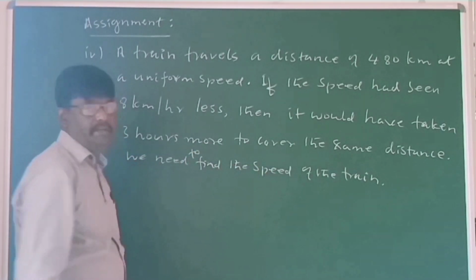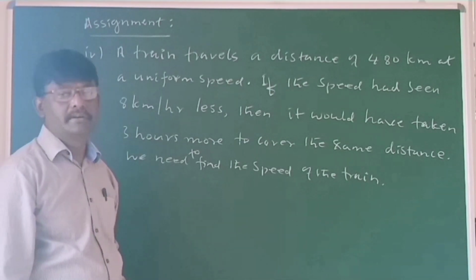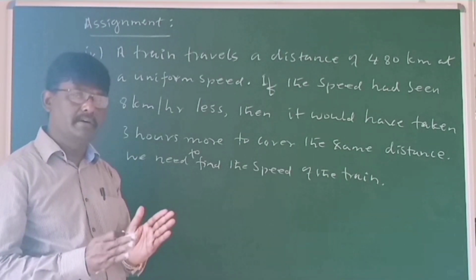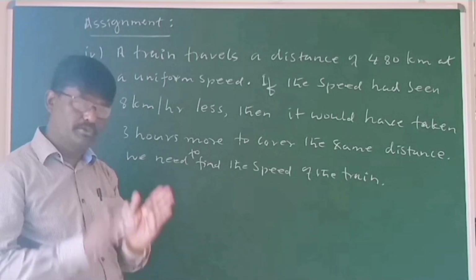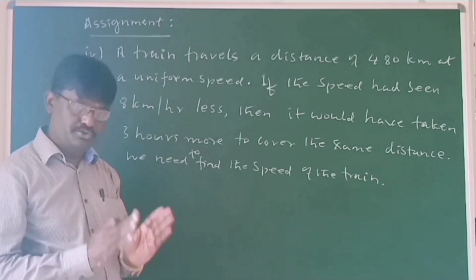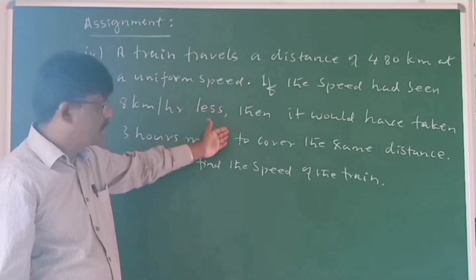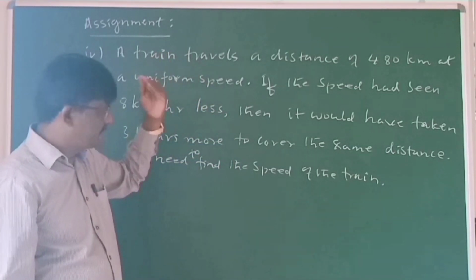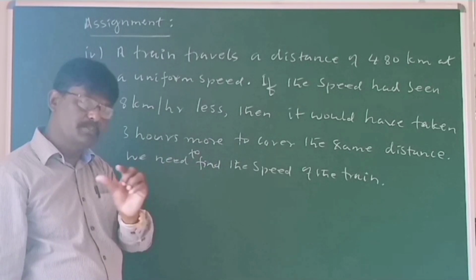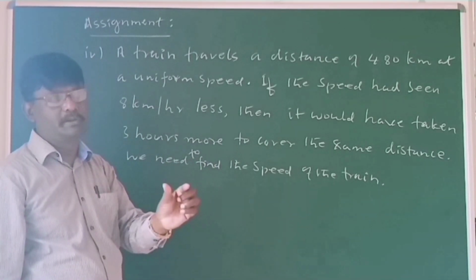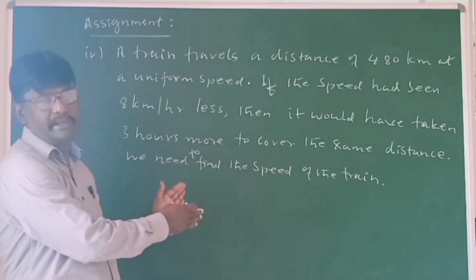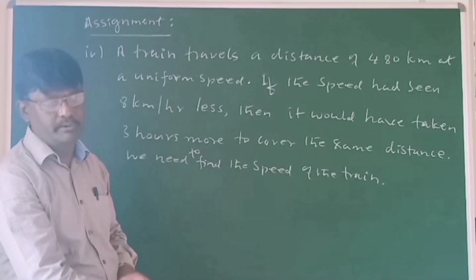For that, we require a quadratic equation. You try, children. You try your best. If not, the same type of problems we will take when we solve verbal problems. Under the topic verbal problems, almost all this will be repeated. Thank you, children. We will continue next class.